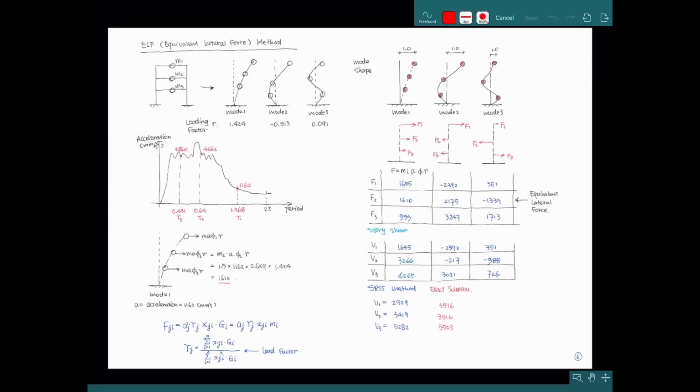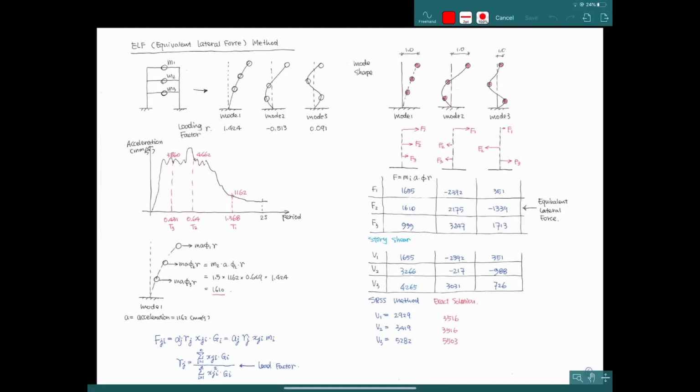Okay, so here we introduce two more simplified methods compared to the spectrum method. One is the equivalent lateral force method. You use the mode shape to determine the story force by the mode shape factor.